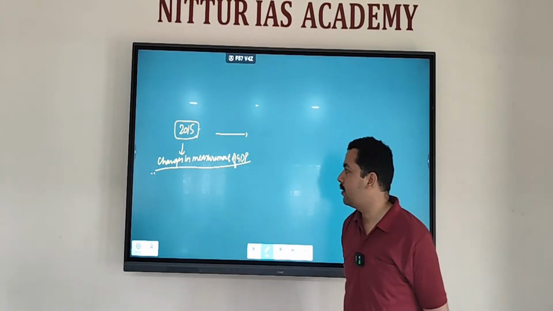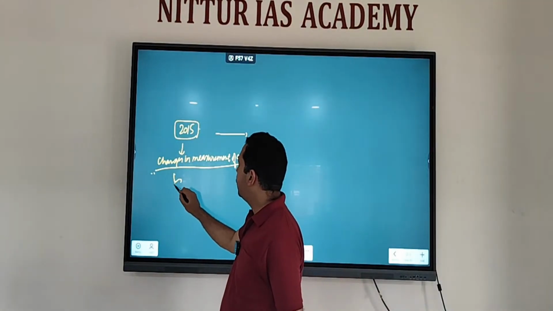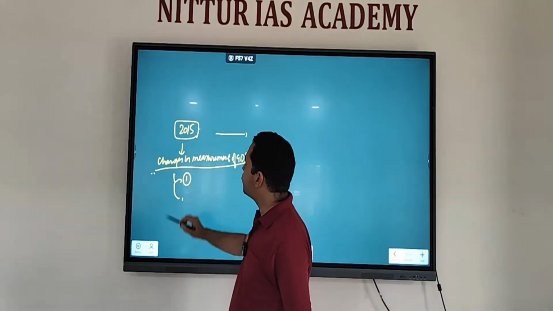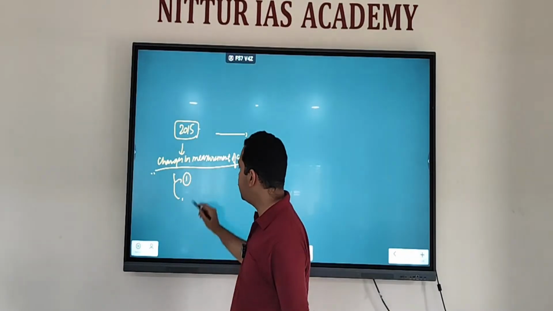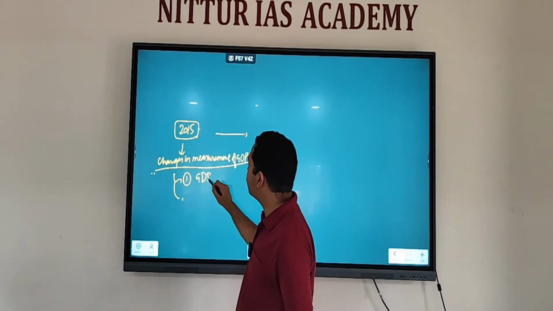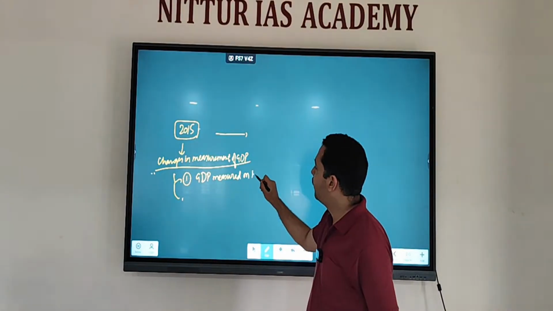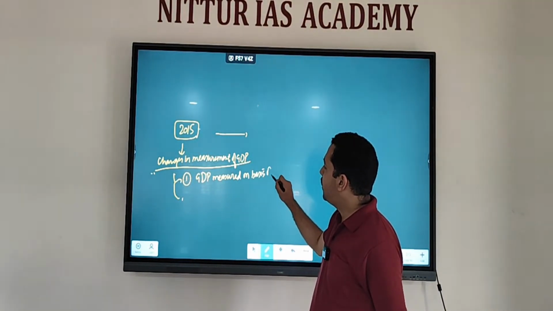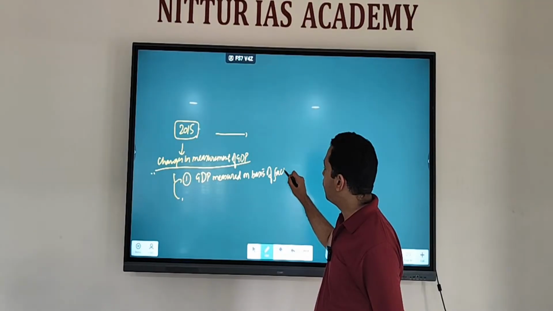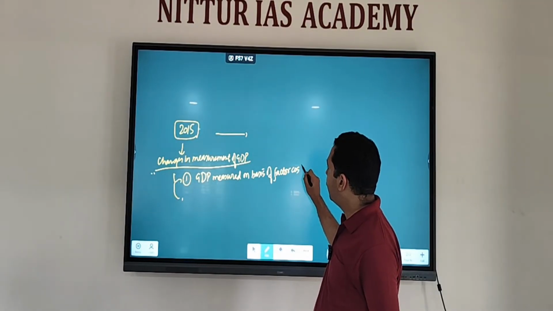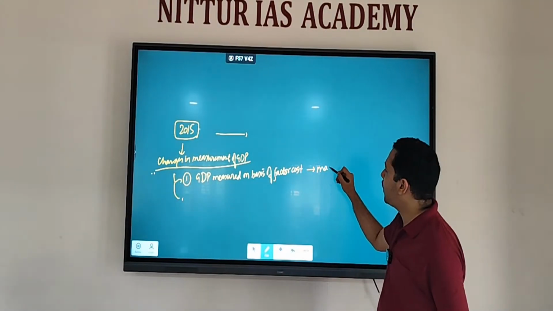What changes were done? The one important thing is that before 2015, GDP used to be measured on the basis of factor cost. This has been changed now to the market price.